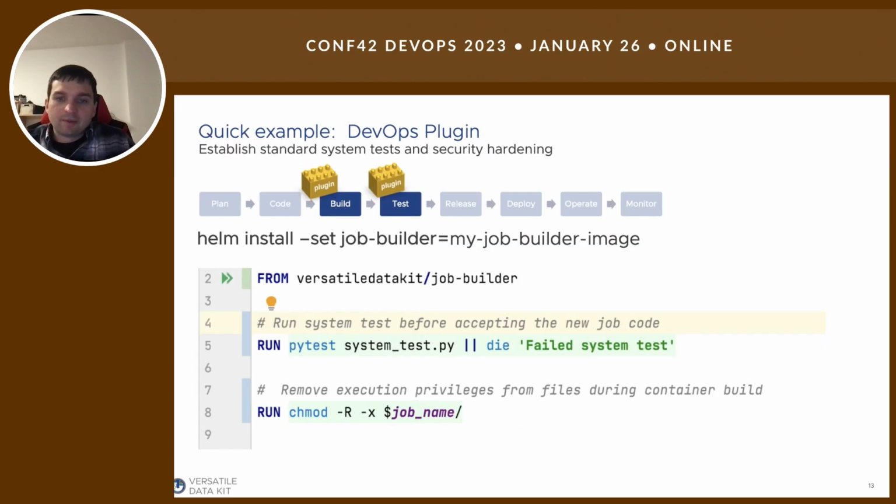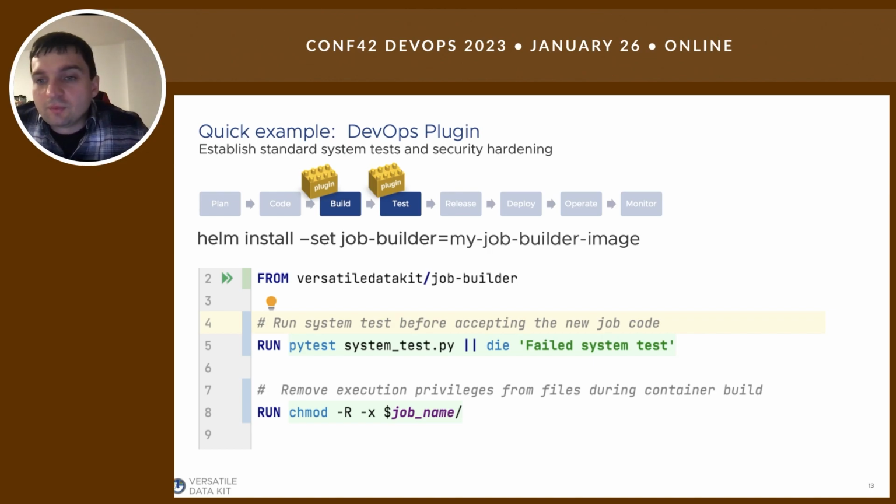Quick example, again: the DevOps plugins are actually build Docker images that can be extended. One, for example, can extend the build and test phase by extending the default job builder image. And let's say they add some standardized system tests to ensure quality.